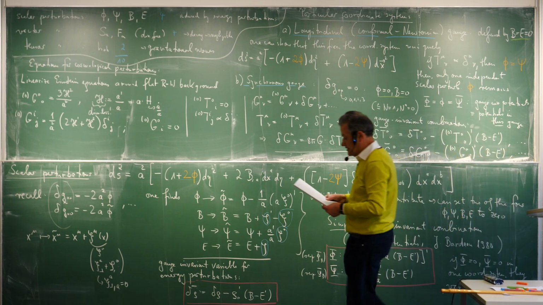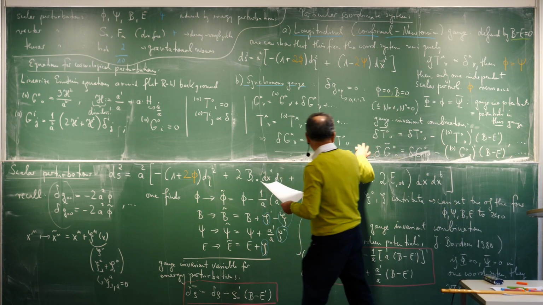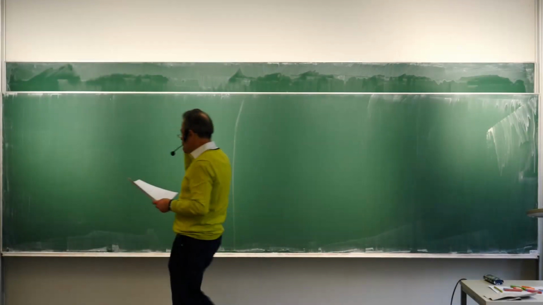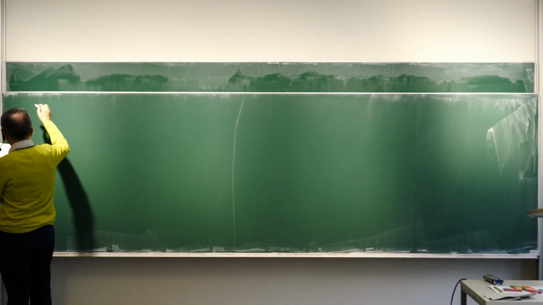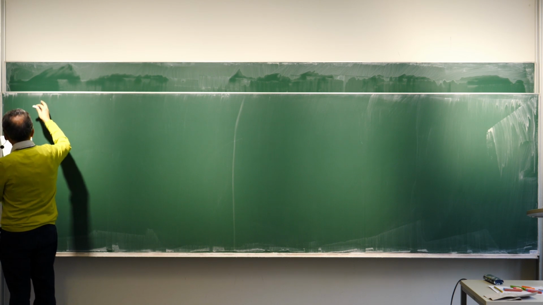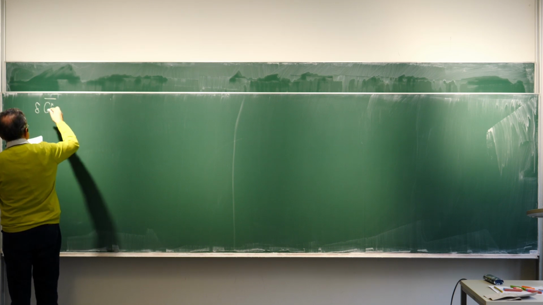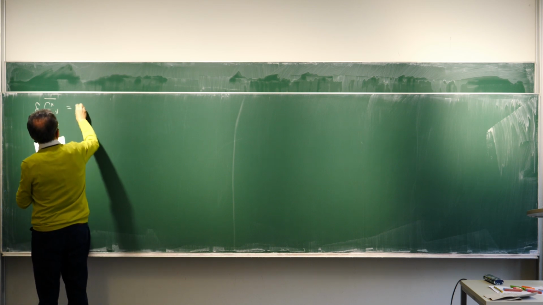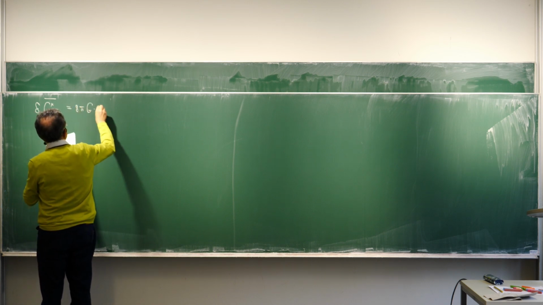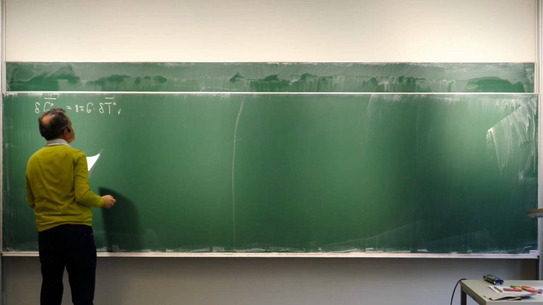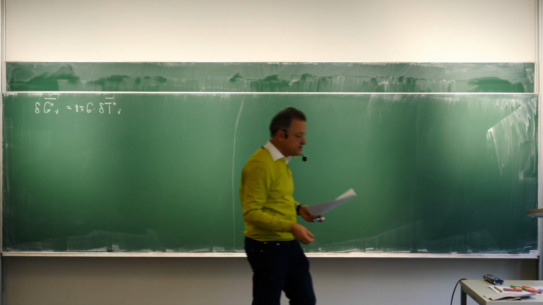Then you can write the Einstein equations in gauge invariant form. Using these gauge invariant perturbations and gauge invariant Einstein tensor and energy momentum tensor, we can write delta G mu nu bar equal to 8 pi G times delta T mu nu bar. This would then be the central equation.